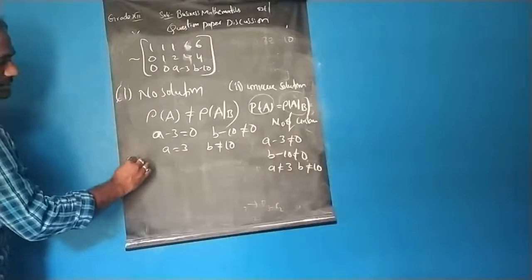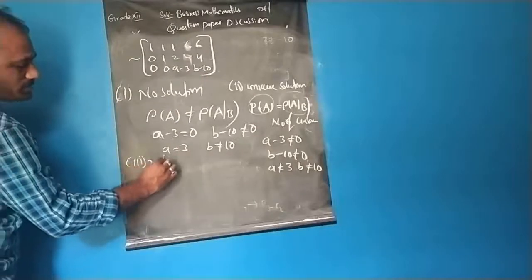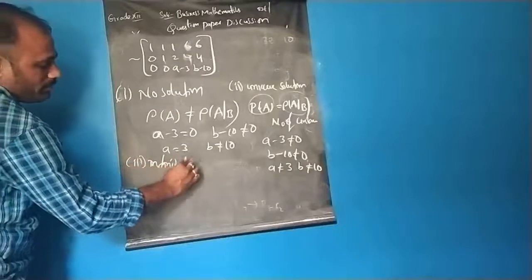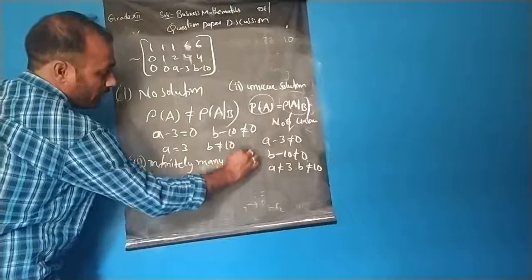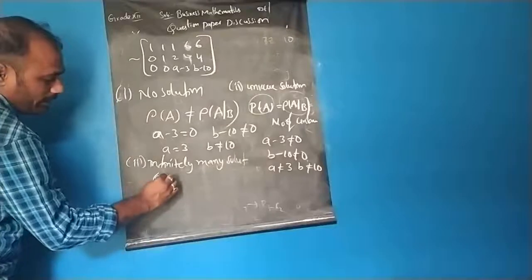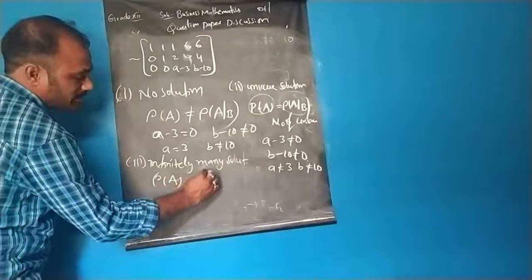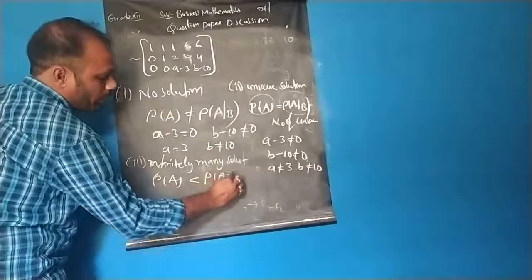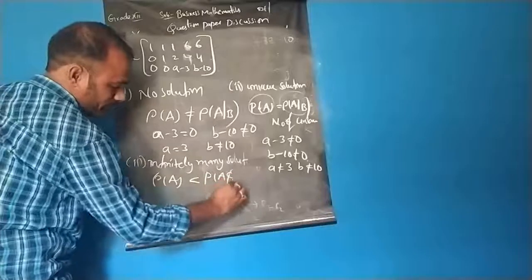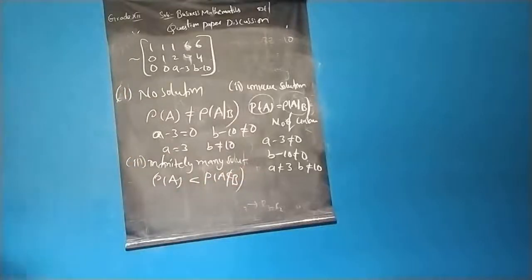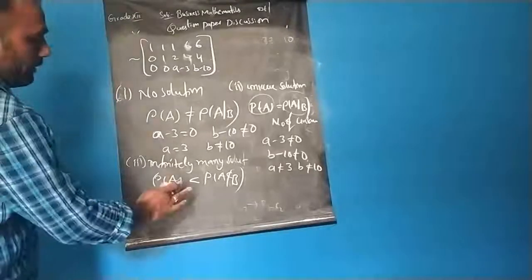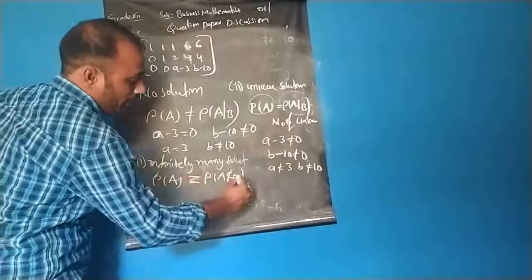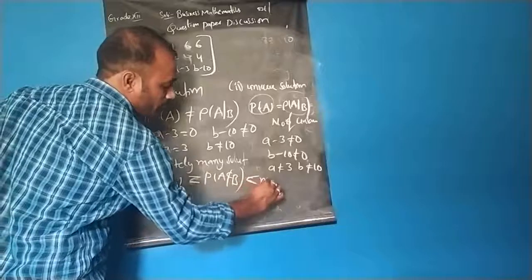Next, the third case, infinitely many solutions. We get infinitely many solutions when the rank of A matrix is equal to the rank of augmented matrix A by B, and it is less than the number of unknowns.